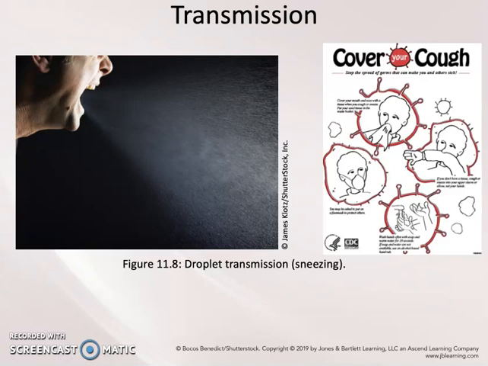Vehicle-borne transmission is one in which there's food, water, a biological product, or an inanimate object known as a fomite that can carry the infectious disease for a short period of time as it moves from host to host.